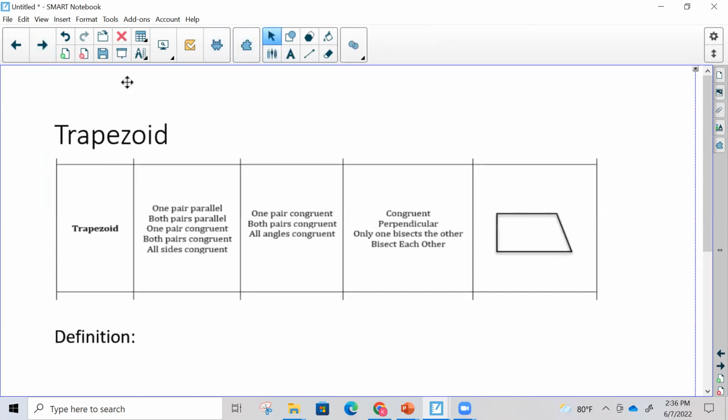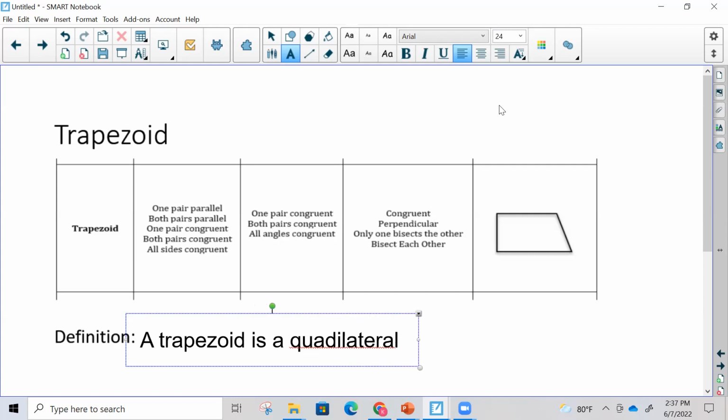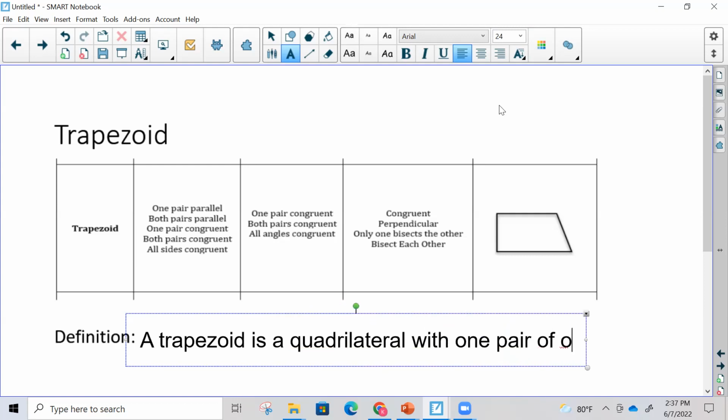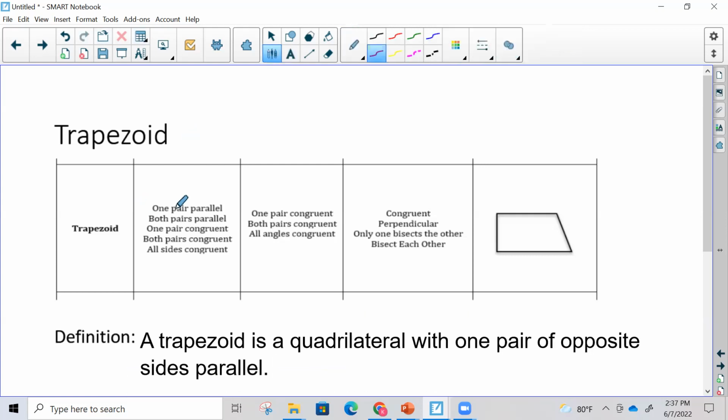Okay, so then we have a trapezoid. And for a trapezoid, what we know is a trapezoid is, again, not a parallelogram, it is a quadrilateral with one pair of opposite sides parallel.